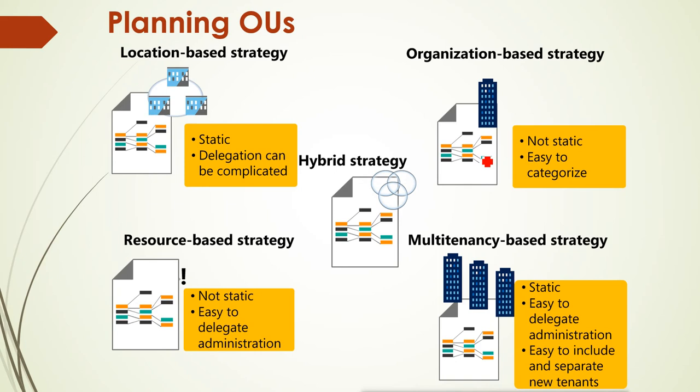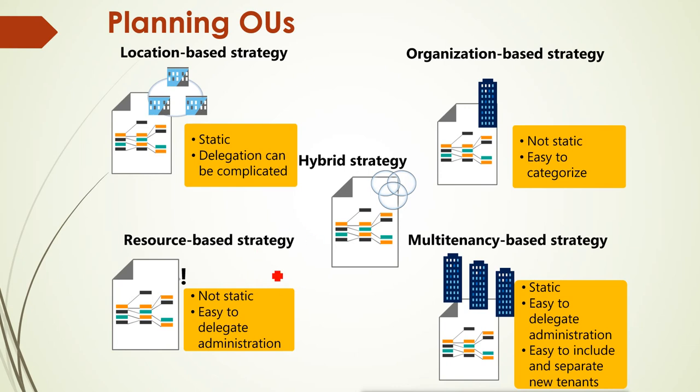OUs. Now the important thing with the OUs is that we can apply group policy objects on these OUs to allow or deny or add some restriction on these users. So we can categorize the users based on location, resources, organization or multi-tenancy, and then we create the OUs and separate these users based on that.